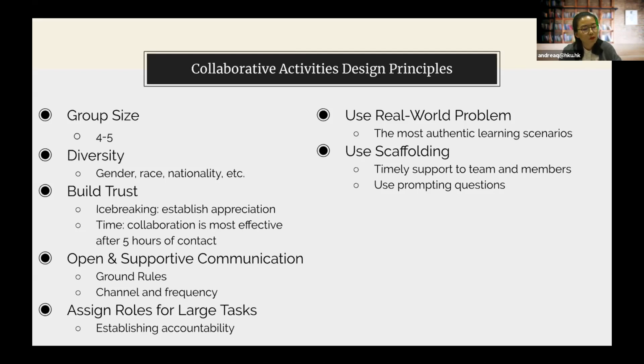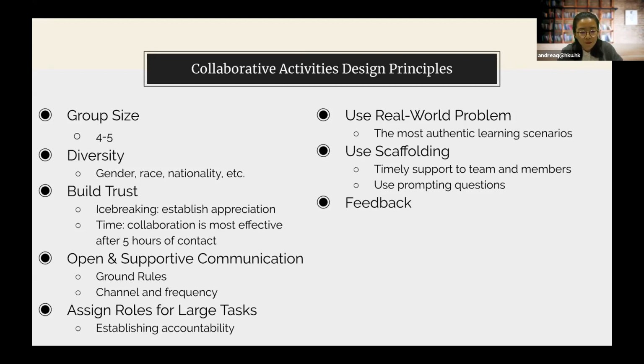If they are a little bit far behind, I will ask a few prompting questions, trying to get them to the point where they should be, and then allow them to move forward from there. Using scaffolding in a collaborative task also means that you need to scaffold their collaboration by asking whether you have included everyone in this process, who is taking what role, and have you fulfilled your role in that aspect.